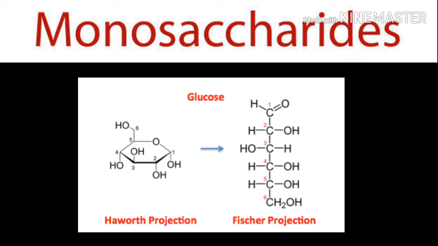While the Fischer projections are open chain forms as shown in this image. The carbon atoms are numbered in the Haworth and Fischer projections so that carbon 1 in the Haworth projection is also carbon 1 in the Fischer projection.